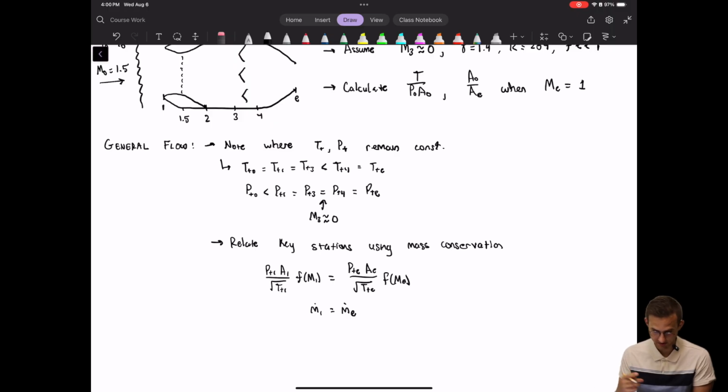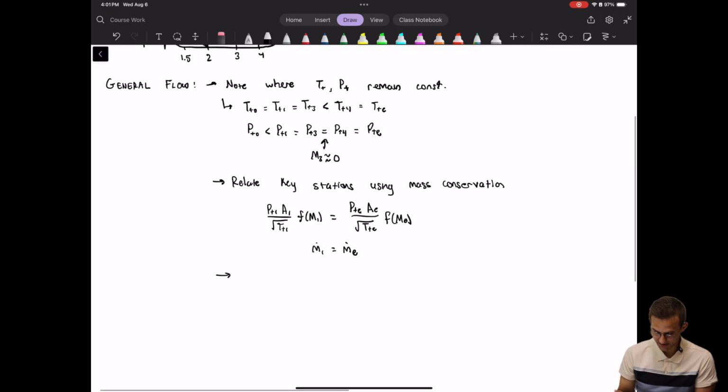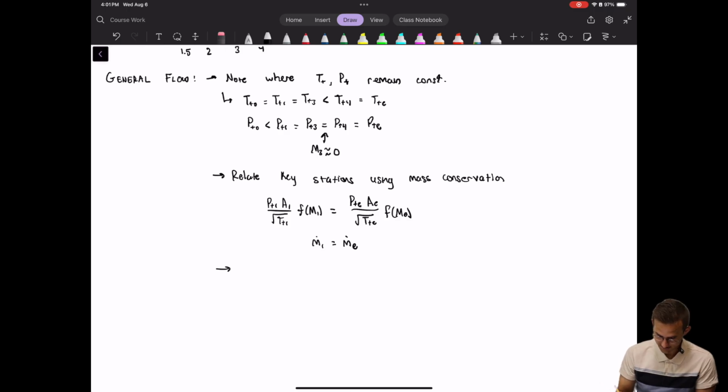So that's one thing, the mass flow rate equivalence in terms of the stagnation pressures. And then the last thing that you do, one of the general flow steps that we won't actually do in this case, but will become important for the turbojet and the turbofan, is that you relate the various components of the engine, like today we'll talk about the turbine and the compressor, for example, with an energy balance.